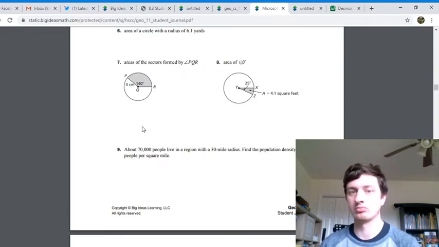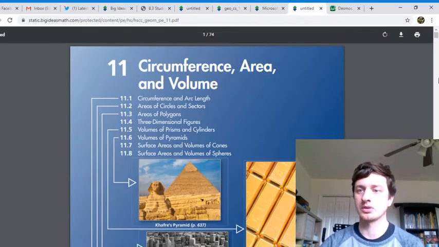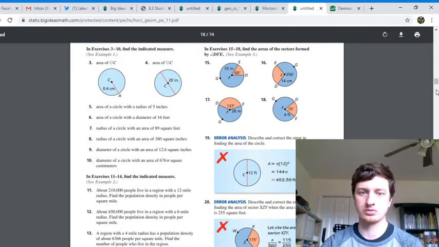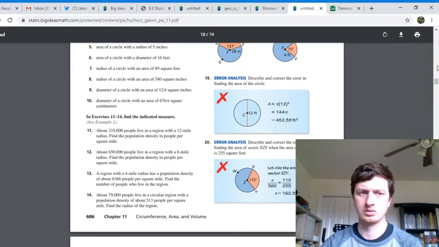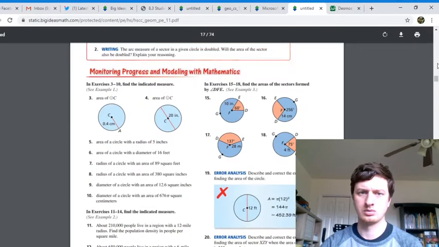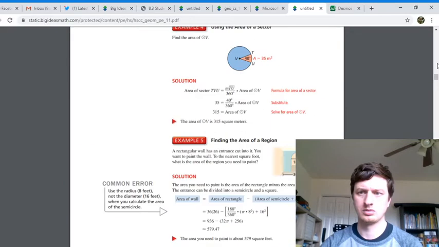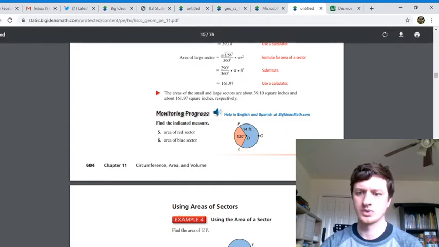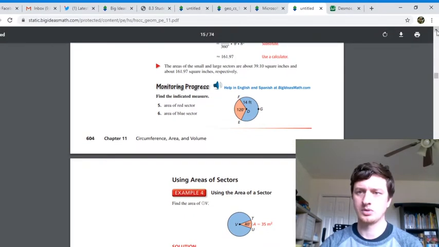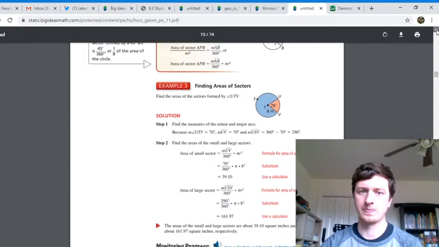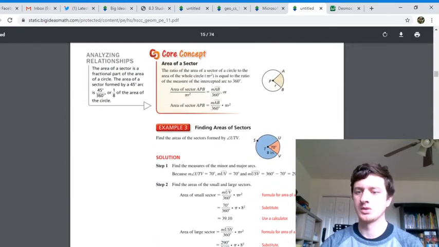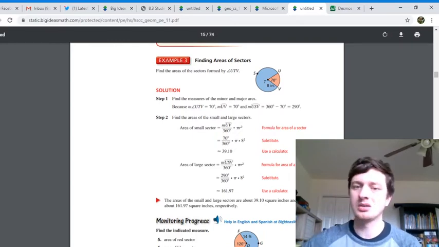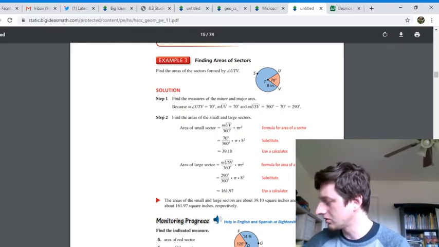I want to do another one like that. So we're going to go back to the textbook. Okay, we're going to find the area of the sector. So it's 8 inches and 70 degrees.